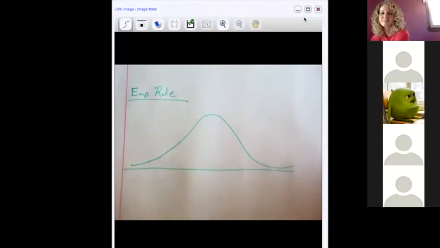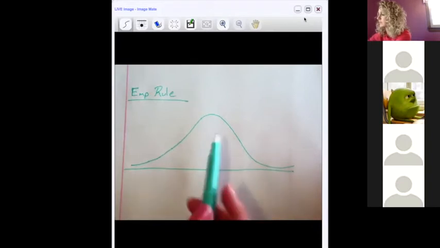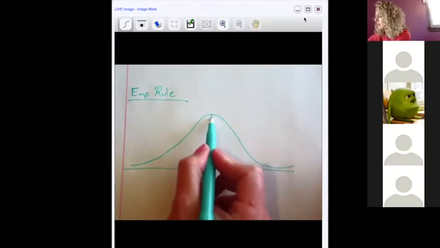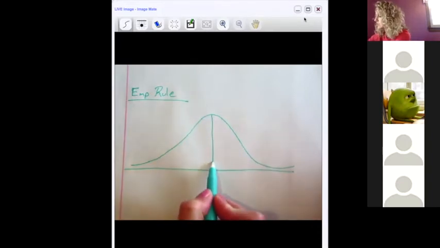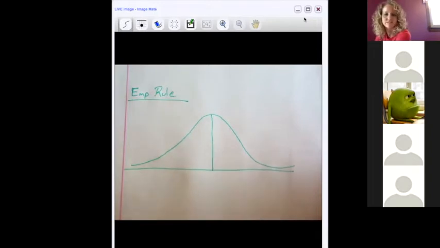So remember the normal curve is when we have our distribution that is symmetric. So both sides are the same. We could fold it down the middle and it would match. And it's got that bell shape. So anytime we're dealing with data that is distributed in this way, we can use these rules.